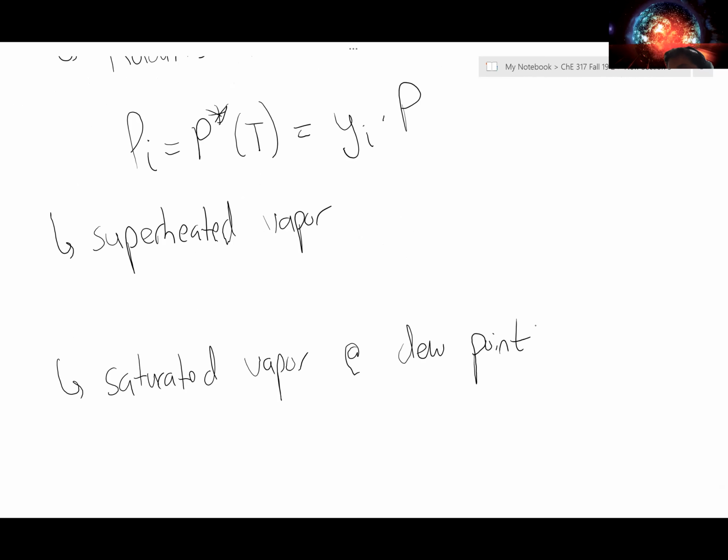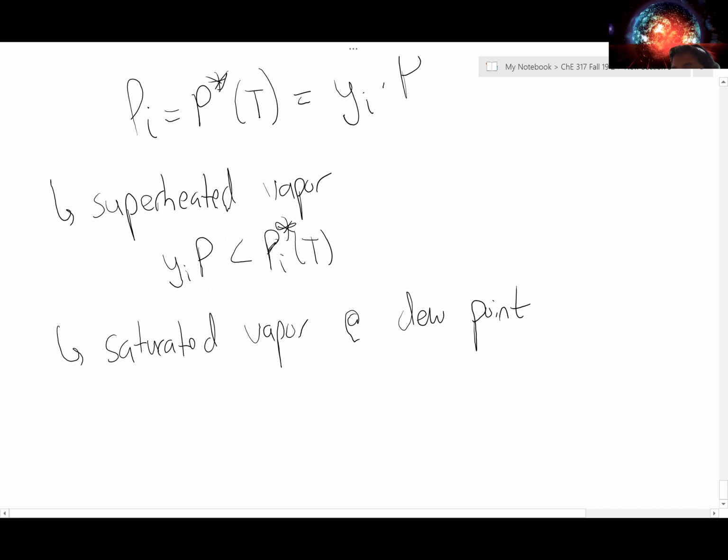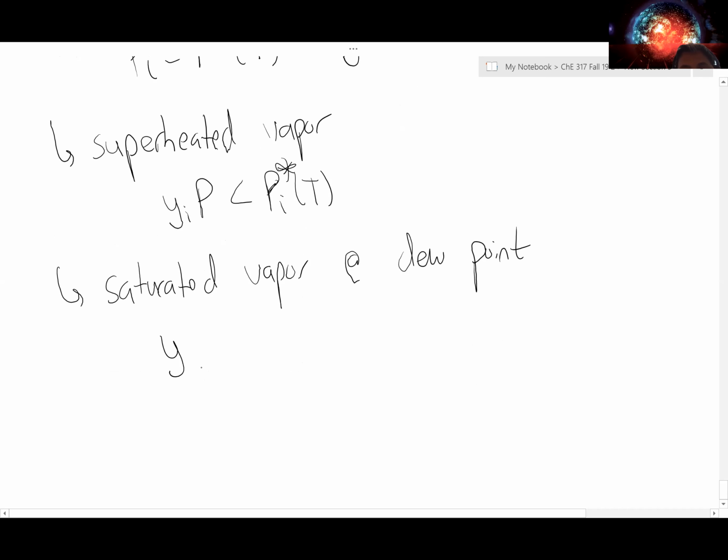If it's a superheated vapor, the mole fraction times the total pressure is going to be less than the vapor pressure. But if it's saturated, these values are equal, and the temperature therefore is the dew point.